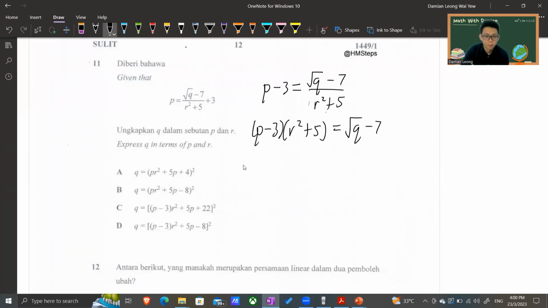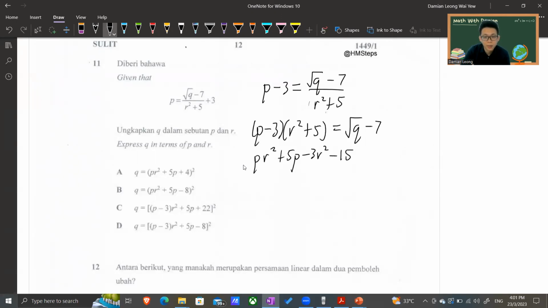Equals square root of Q minus 7. So you see here, it doesn't seem like I should leave it as it is. Expand the brackets first. P times r squared, PR squared; P times 5, plus 5P; negative 3 times r squared, minus 3r squared; negative 3 times 5, minus 15.